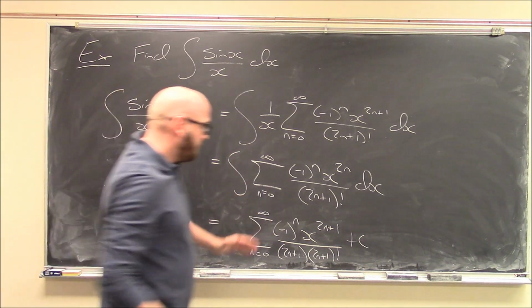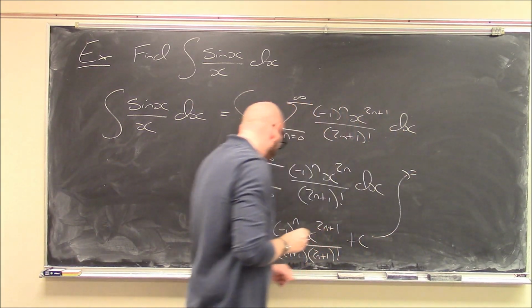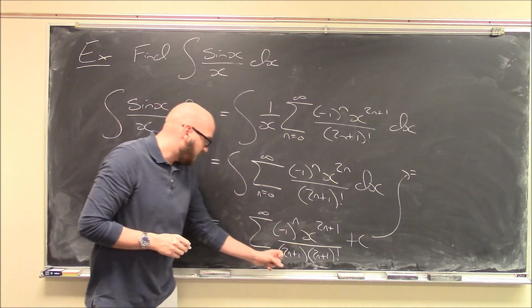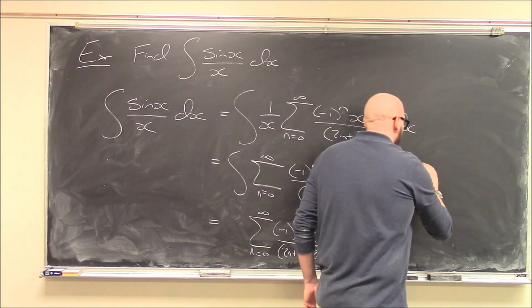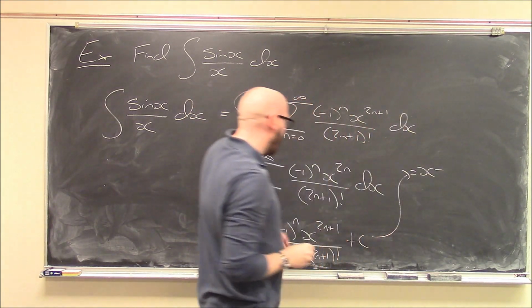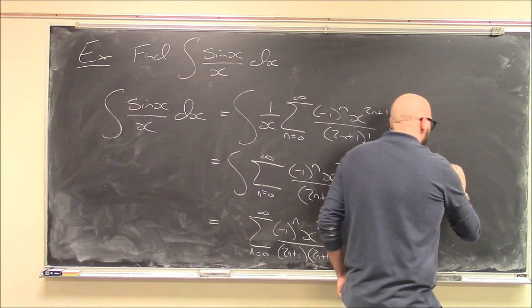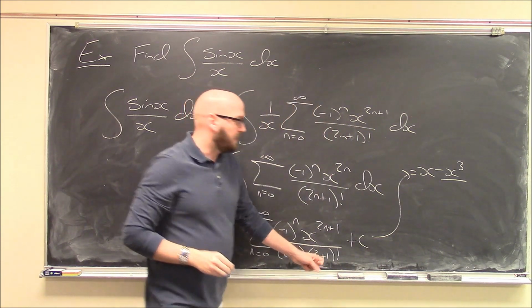So if I write out the first few terms of this, what would this look like? n equals 0, I've got x over 1 times 1, so I've just got x. Then my minus 1 to the n makes me alternate, so n equals 1 gives minus x cubed over 3 times 3 factorial.